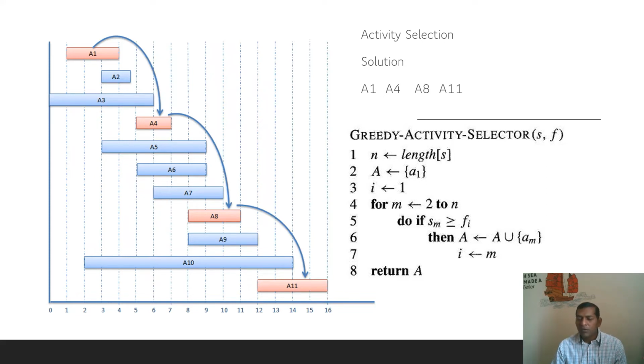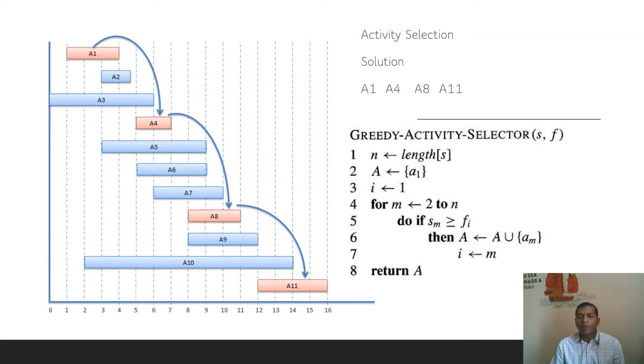This particular algorithm explains many things. The greedy activity selector has start times s and finish times f. Then A is an empty array in which we will store the activities which are non-overlapping with each other.